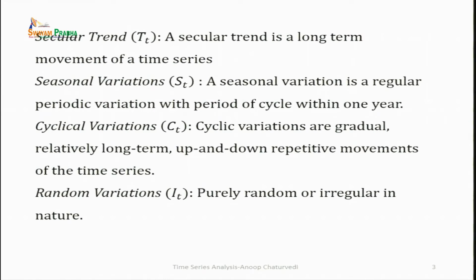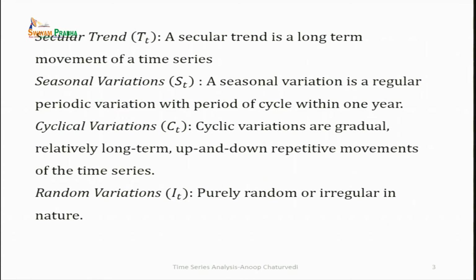The first component is secular trend. Secular trend is a long term movement of a time series. Just for example, if you take the population of India, we have a census after each and every 10 years. You take data on the census of India for the last say 50 years or 100 years, and you plot those data.